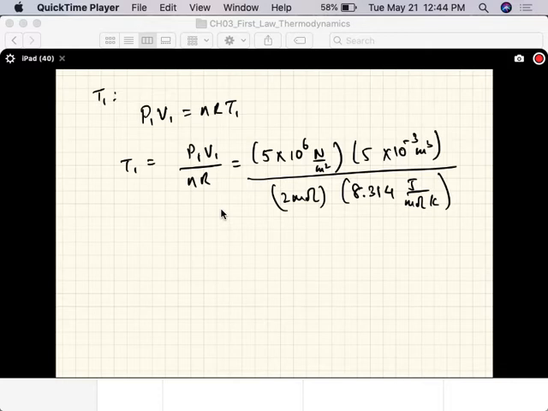Newton per meter squared times meter cubed is a joule, and that will cancel, the mole cancels, and you get a Kelvin on top. So the temperature T1, taking care of powers of 10, that's 25,000 divided by 2 times 8.31.